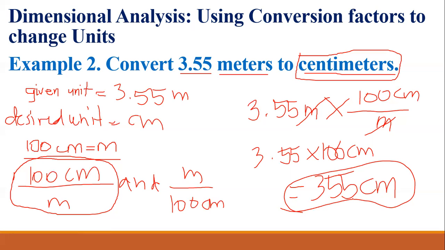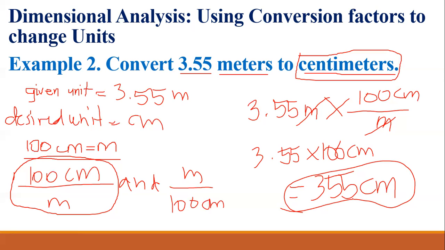Therefore, since the conversion used is based on the prefix modifier equality, 100 centimeters equals 1 meter, the 100 is not considered when determining the number of significant figures that the answer should have. However, the given number 3.55 is not exact, and its significant figures must be considered.